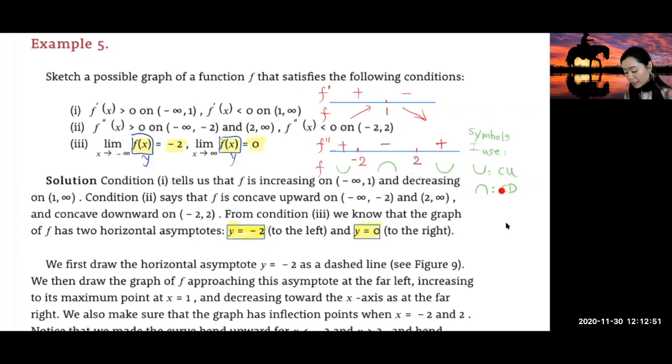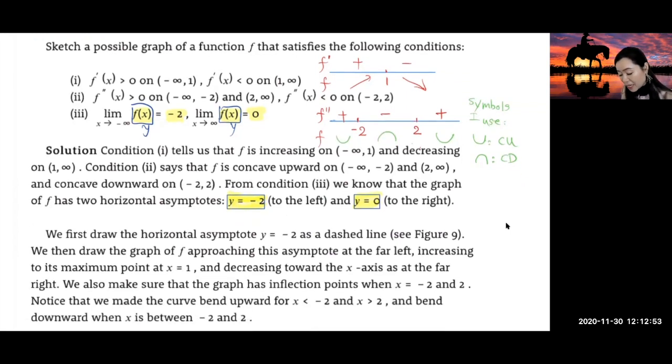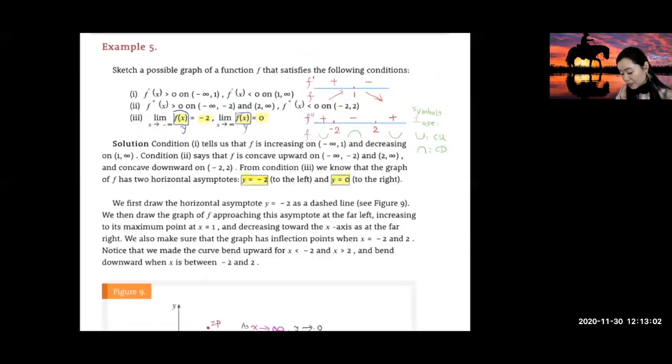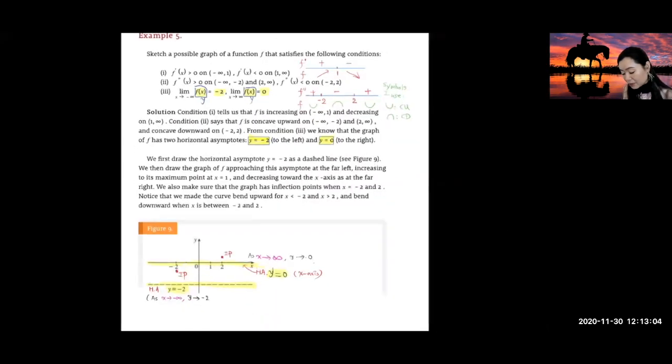Now, we say that the limit of the function as x goes to negative infinity is negative 2. So in the long run, when x goes to negative infinity, you have this horizontal asymptote, y equals negative 2.